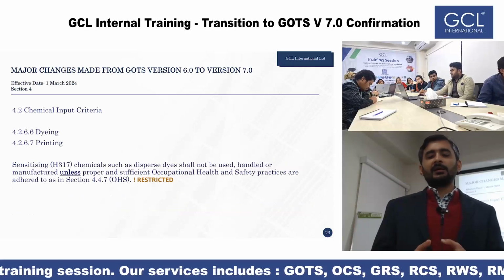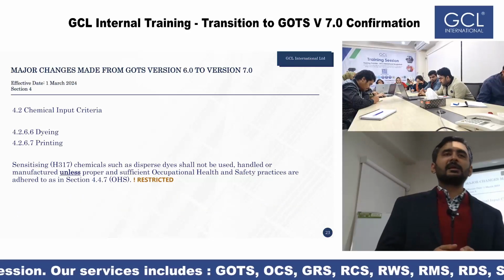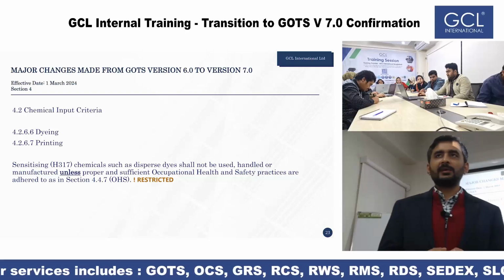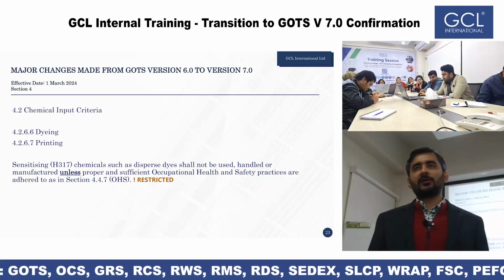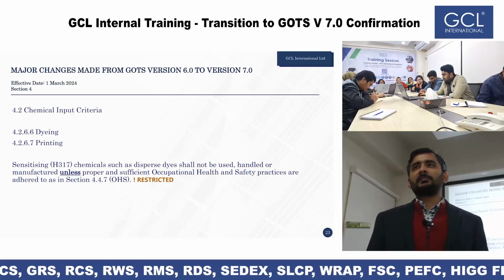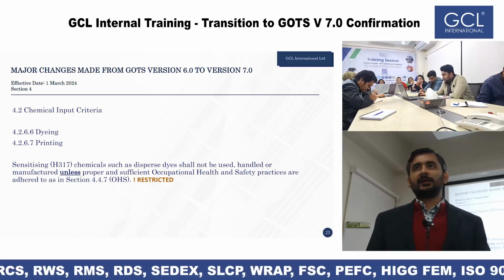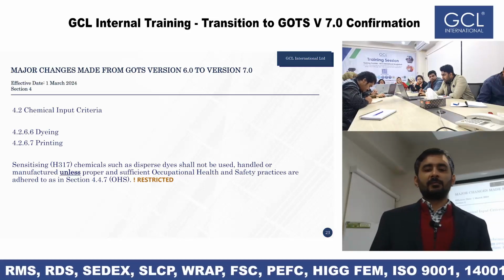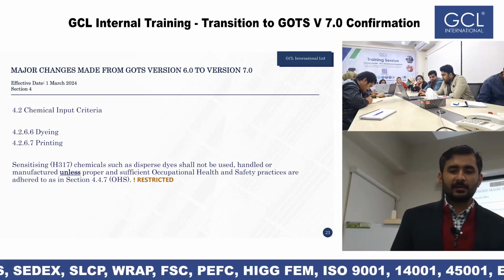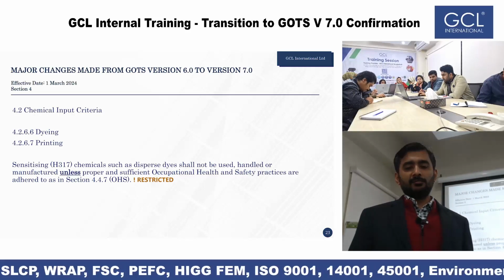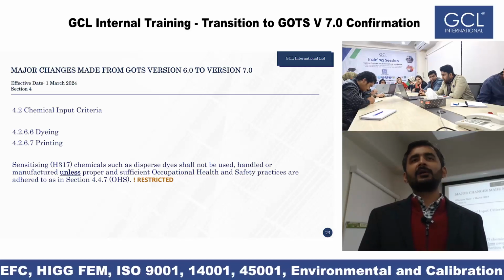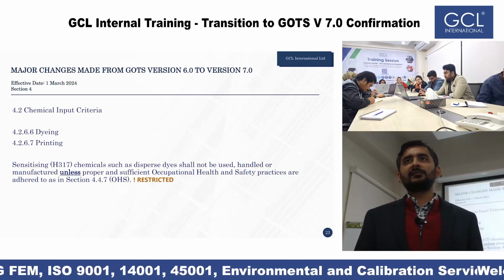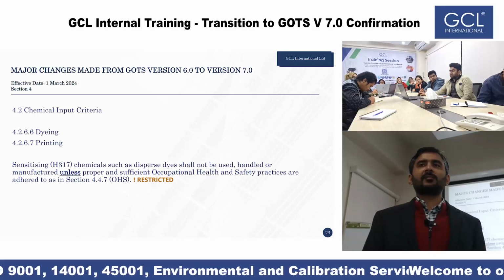Another criterion that GOTS has modified for chemical management is that, from GOTS version 6.0, we already know that GOTS completely prohibits allergenic and sensitizing substances. Allergenic means hazard code H334 and sensitizing means hazard code H317. That means any chemical substance that contains this kind of hazard is completely prohibited.